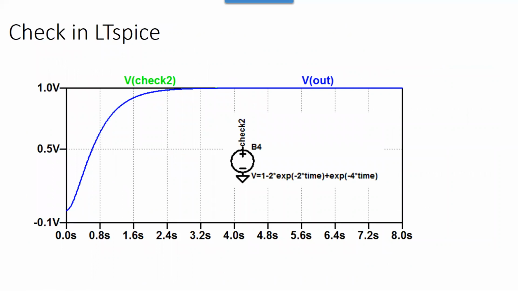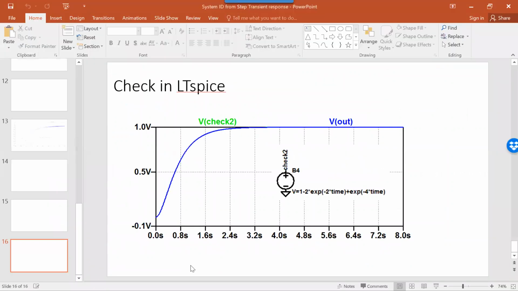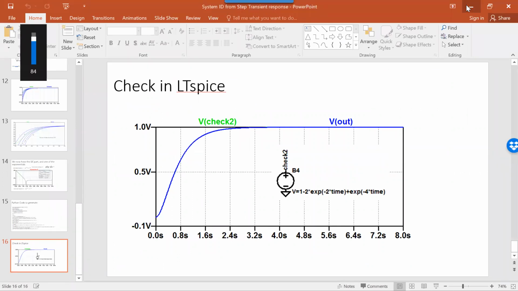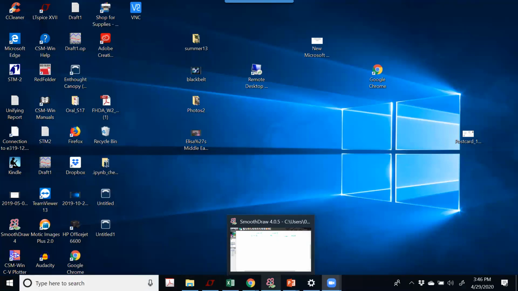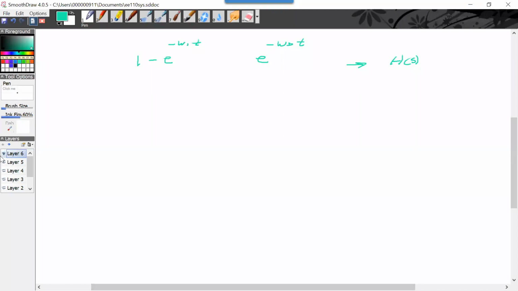So really, what are you expected to be able to do besides the homework? Is it first or second order? Complex poles or not?